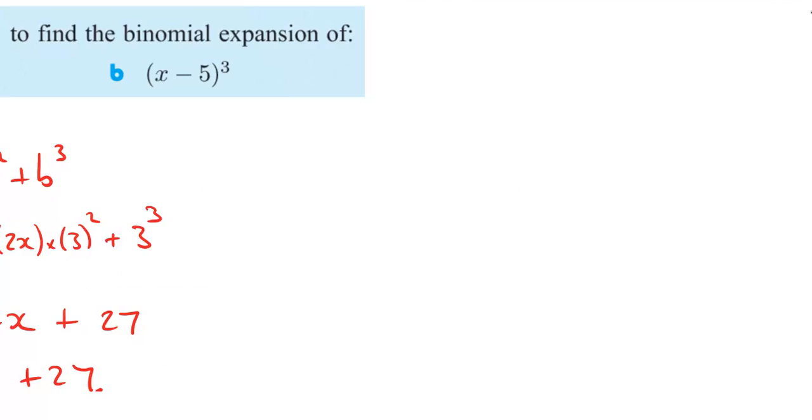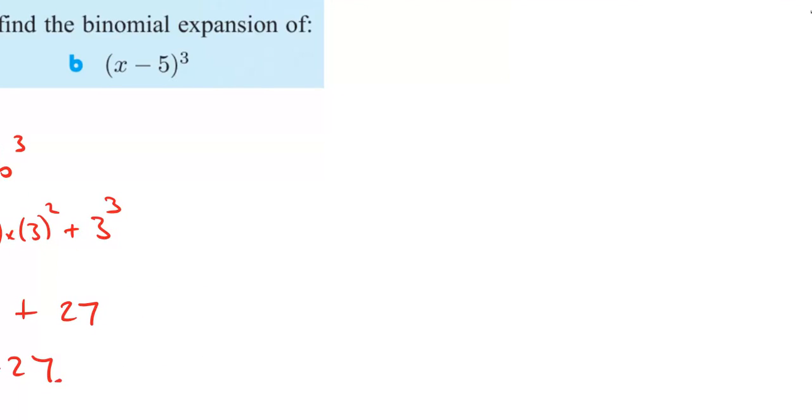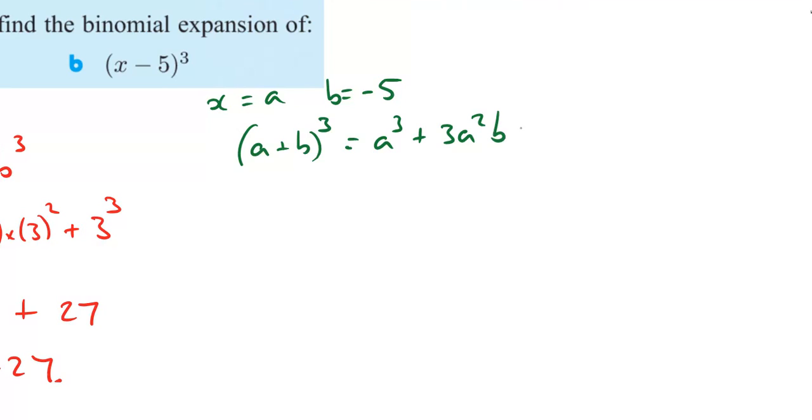Okay, so let's have a look now at (x - 5)^3. With this example, let's say that x is our a and b is minus 5. So we need to include that minus sign when we do this. So if we, again, start by writing out (a + b)^3 is a^3 + 3a^2 b + 3ab^2 + b^3, we can now start swapping those things in directly.